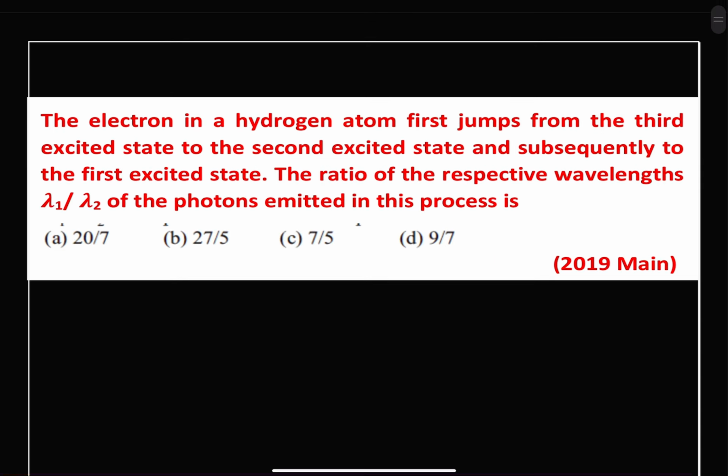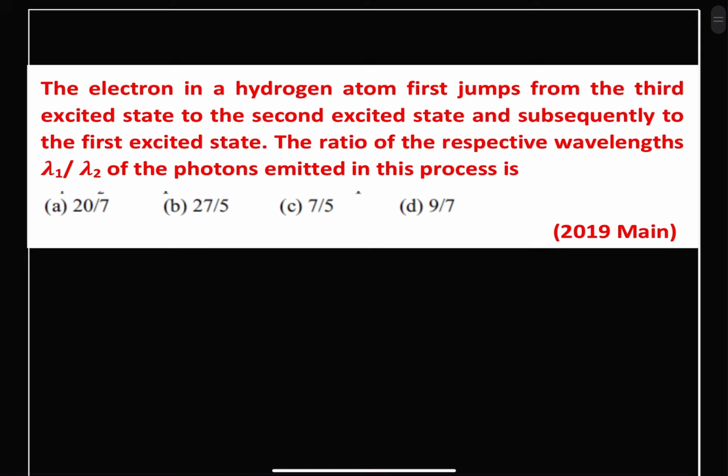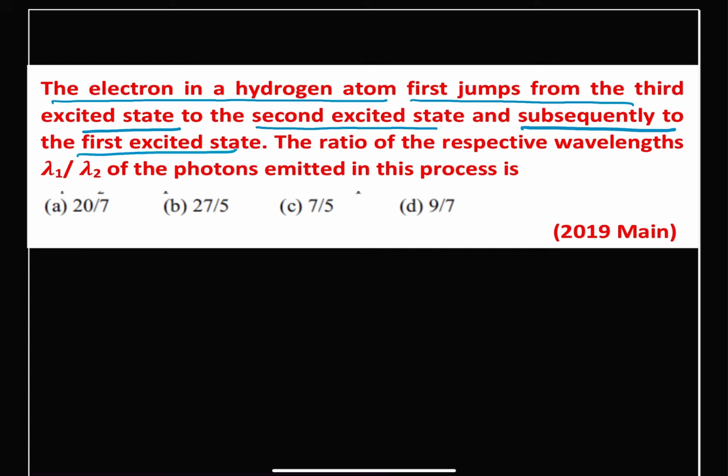So first question, it states that the electron in a hydrogen atom first jumps from third excited state to the second excited state and subsequently to the first excited state.